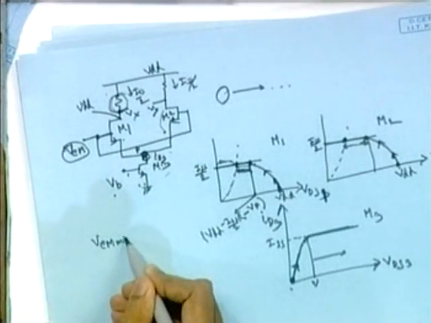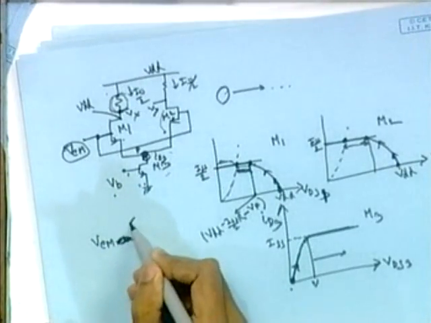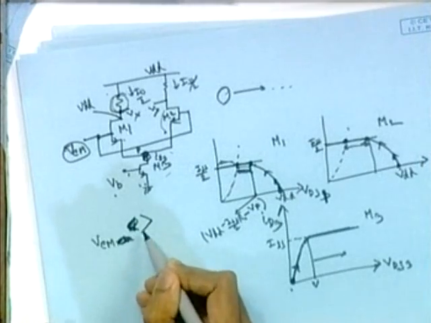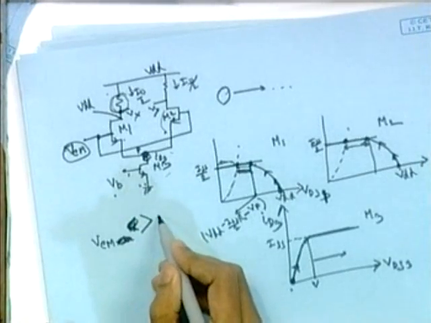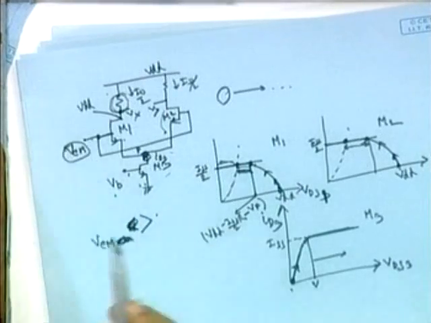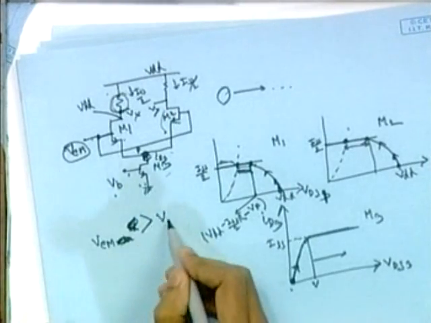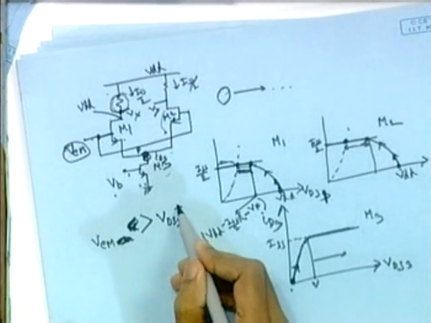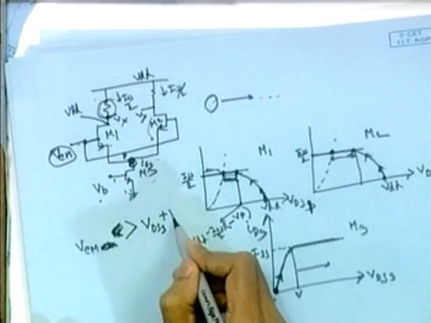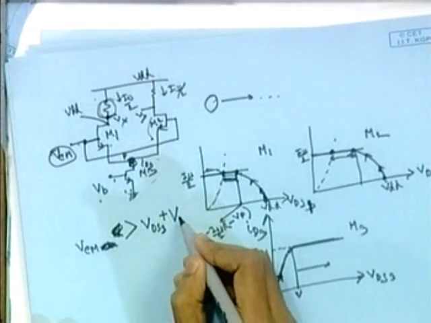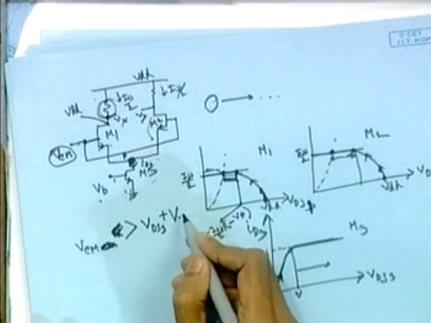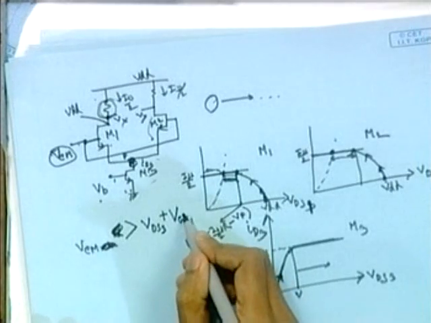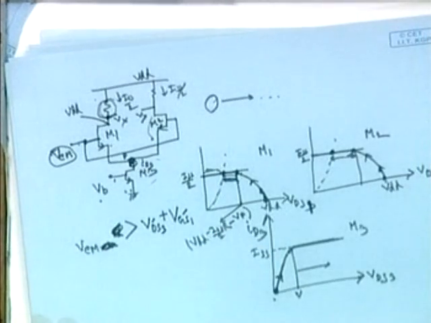VCM, first the lower limit, VCM is this input, it should be greater than VDS3 plus VGS1 prime. Call it some VGS1 prime, and this is VDS3 prime. What is VDS3? VDS3 is this one, VDS3 prime this one.